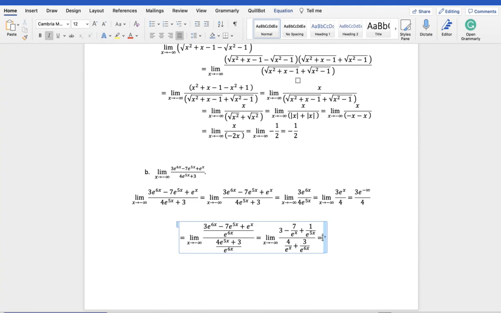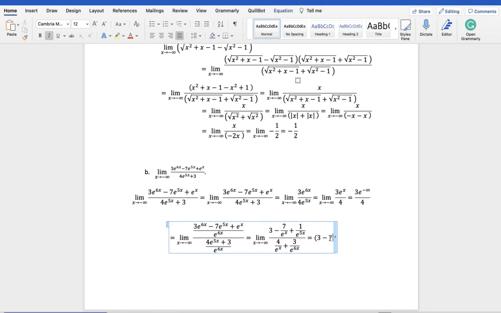So you would get, in the numerator, 3 minus 7 over e to the negative infinity. Sorry, let me just write it down so it makes more sense.